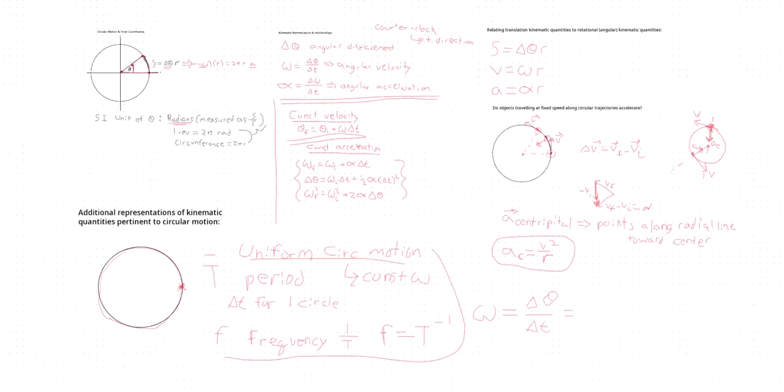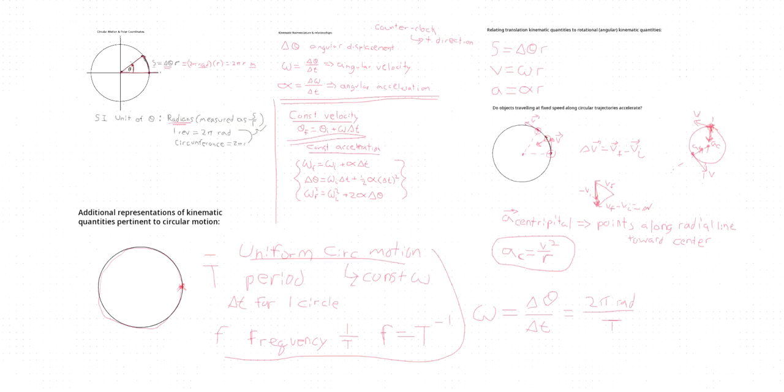Then one time around a circle has an angular displacement of 2 pi radians. And necessarily, if I have a fixed constant velocity, then I will complete that in one period, is the amount of time that passes. So 2 pi radians over one period is equal to a constant angular velocity if you have a situation where you have a constant angular velocity.